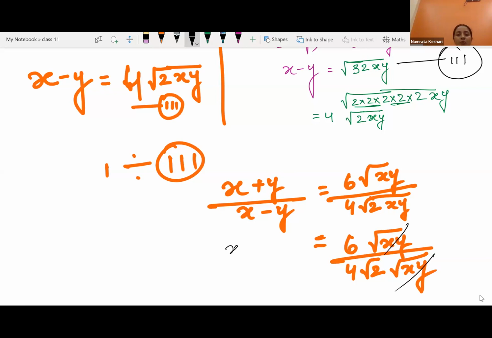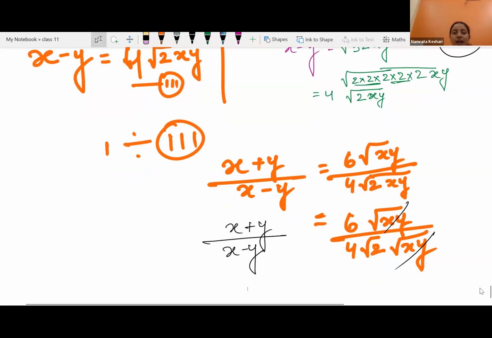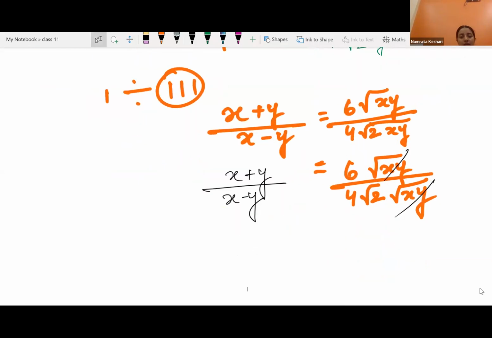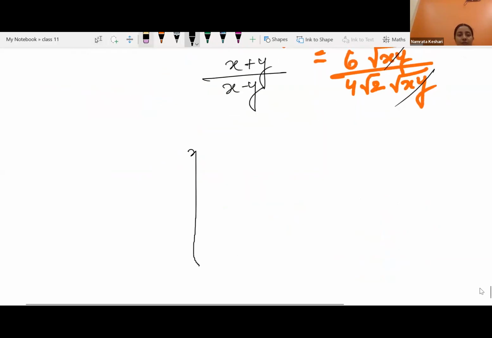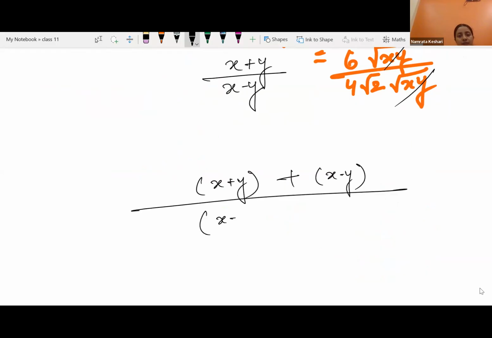Okay, now we are thinking that let's use componendo and dividendo. What does it say? It says that just take your numerator and add the denominator. Okay, here we will write in between. We are using componendo and dividendo, but for now, let's apply it first. So the numerator added with the denominator, and the numerator subtracted with the denominator. It's not mandatory that here you have to add only. Here you can do subtraction also.